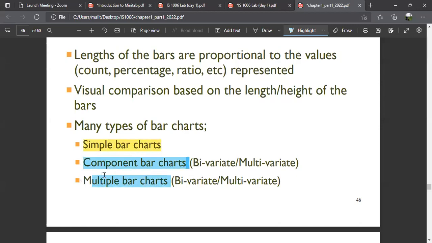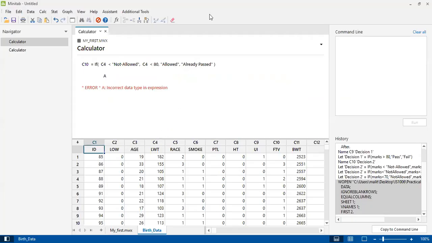So let's see how to do those things in Minitab. Now I'm going to share the Minitab screen with you. Hope you all can see my screen. Now, there are altogether 11 variables, right?